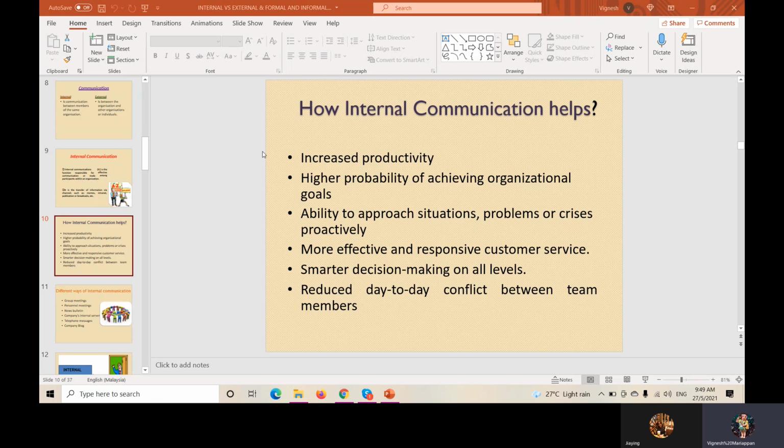If you communicate with them, they also will give you immediate feedback, and then the decision making also will be good, because you are all communicating face to face, and can make a good decision on the spot.